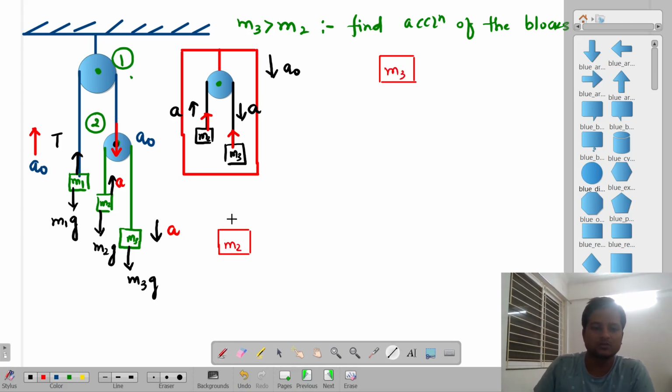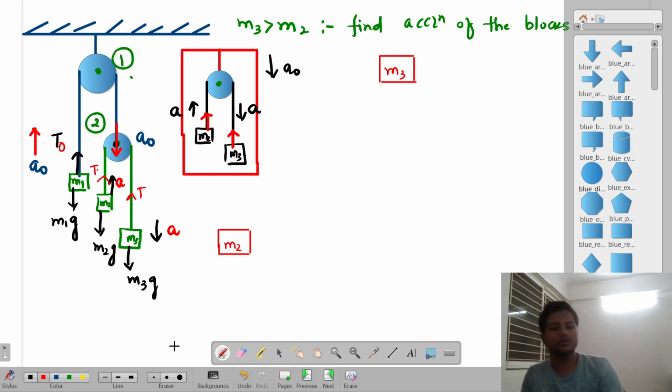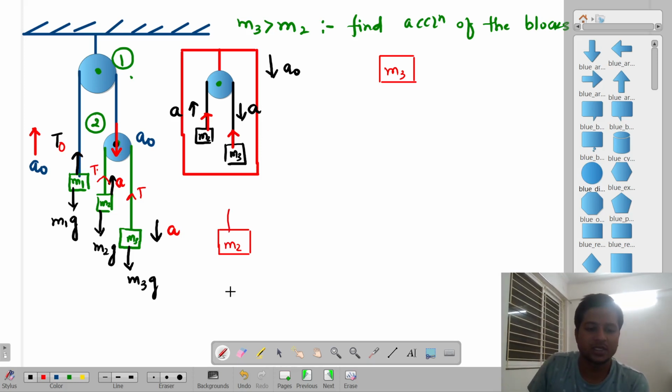For M2, now this is thread 2, so consider it has different tensions. If this was T naught, consider it to be T and T over here. Are you able to get me or not? So for mass M2, once again tension T upwards. First is tension T. Then it has the pseudo force. Then it has its own weight. Are you able to get me or not? So this is my tension T.